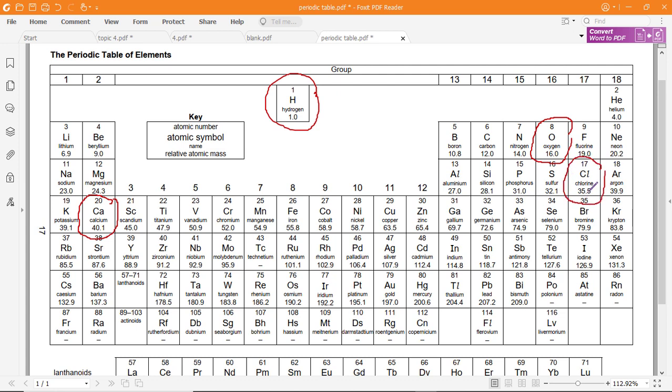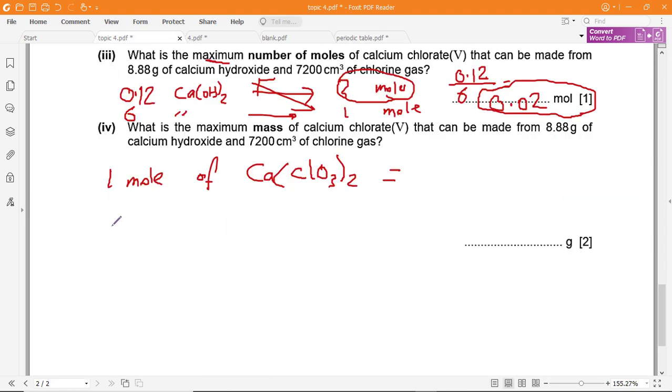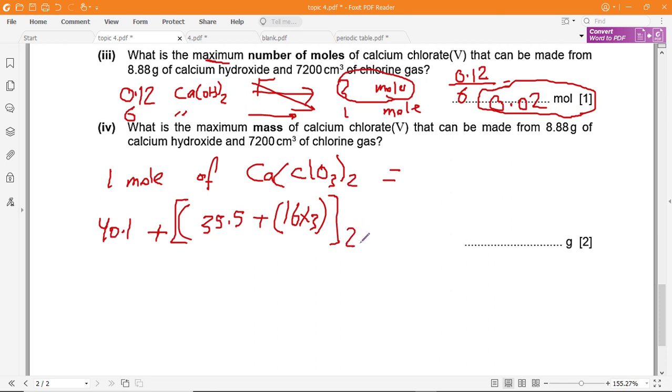It's 35.5, as I see. So we can substitute directly now. Ca is 40.1 plus chlorine, which is 35.5, plus oxygen 16, this is times 3, and everything is times 2.